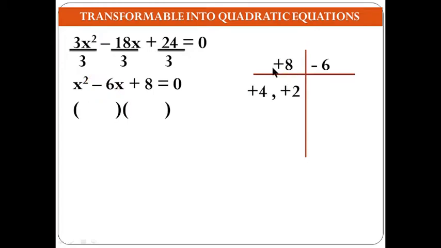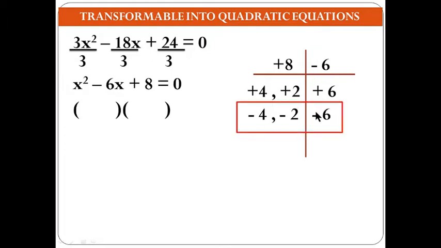We have positive 4, positive 2, and negative 4, negative 2. Then, get the sum. Positive 4 plus positive 2 ay positive 6. Negative 4 plus negative 2 is negative 6. So, yung hinahanap natin ay negative 6. Therefore, yung gagamitin natin ay ito.